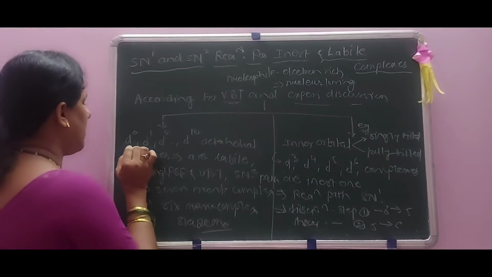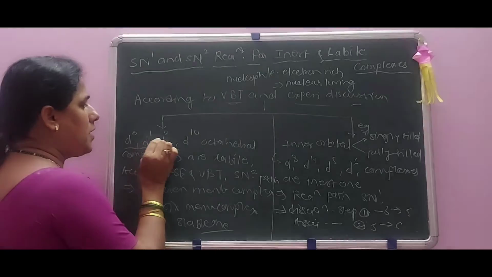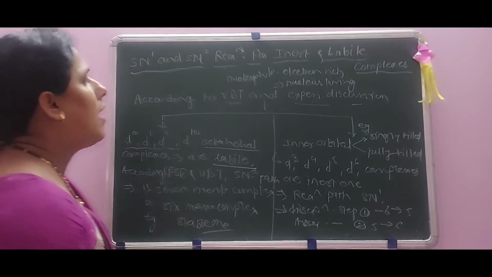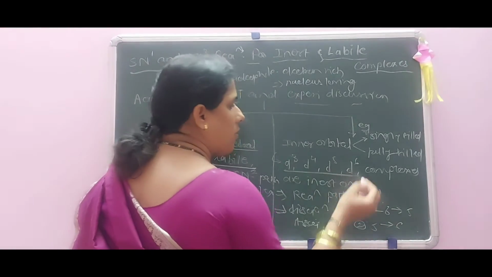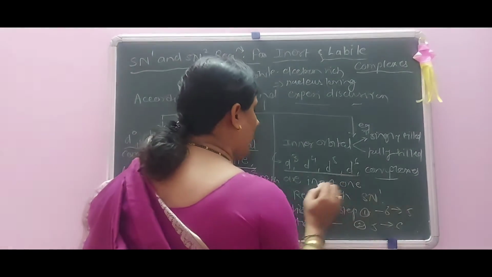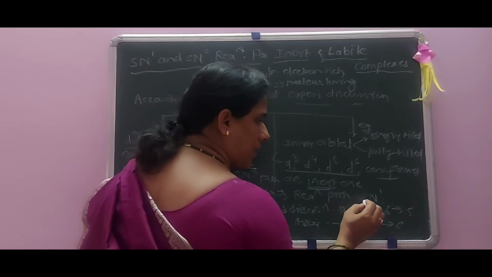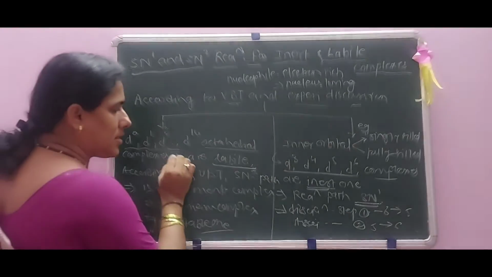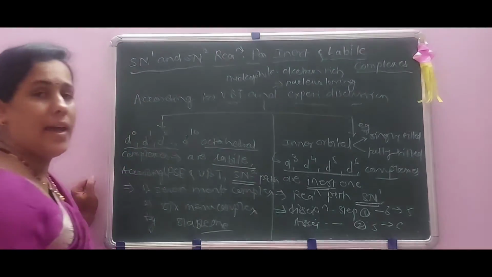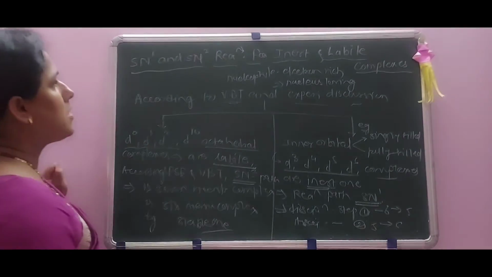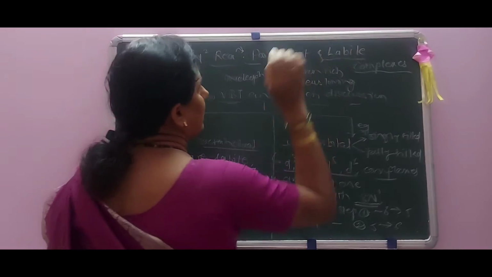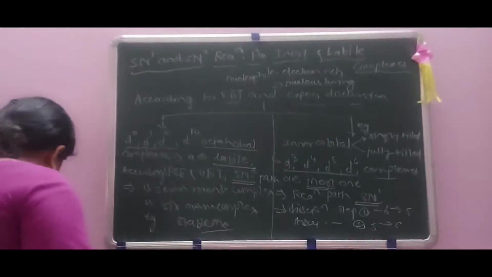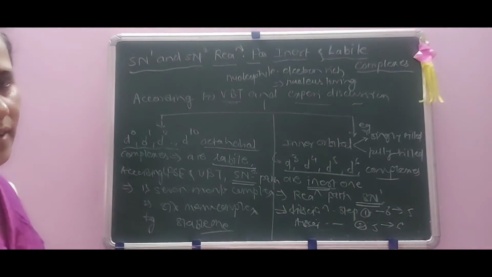Now we have to consider that the d0, 1, 2 and 10 octahedral complexes are the labile ones, and the d3, d4, d5, d6 complexes are the inert ones. They follow the paths SN2 and SN1 respectively. For this purpose, we must know what is meant by inert and labile complexes, thermodynamically and kinetically.